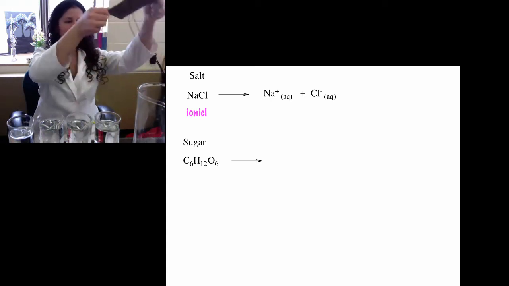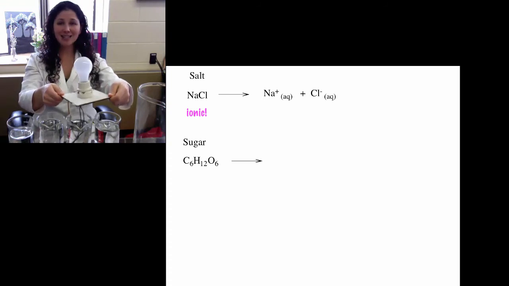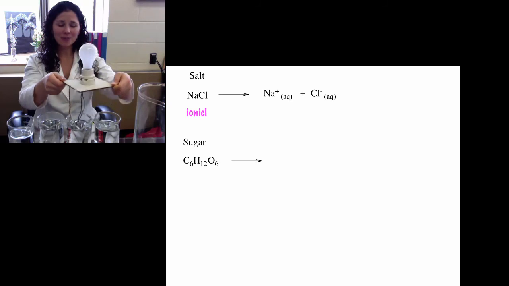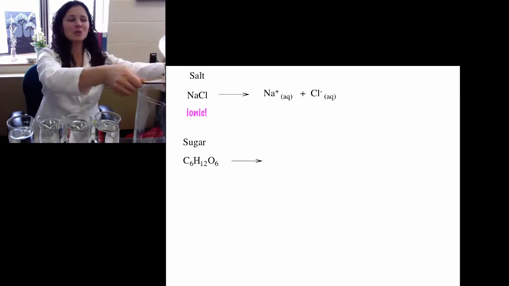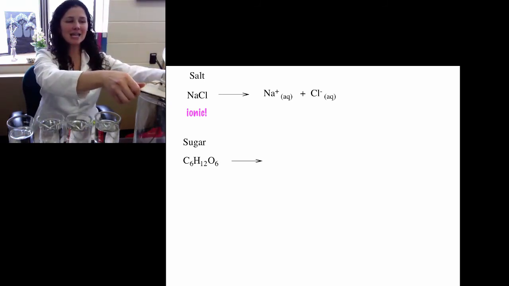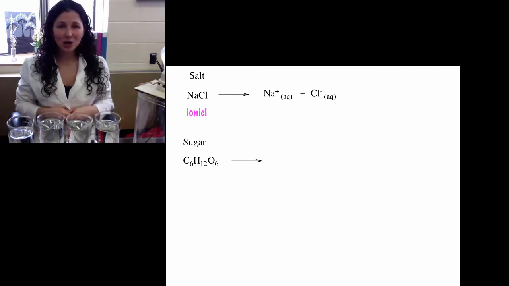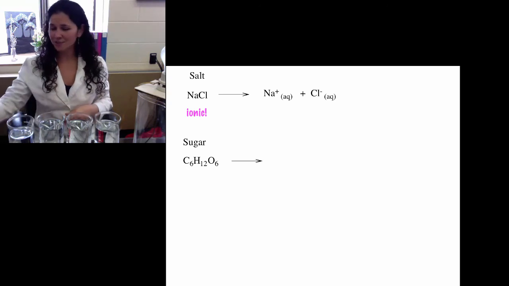Let me remind you that this beaker is not conducting electricity because it's pure water and it doesn't have any ions. All of the electrons are in covalent bonds, and so electrons can't jump from one wire to the other. If there were ions in solution, though, the ions can conduct electricity. Electrons can jump from the chlorines to the sodium and conduct electricity.